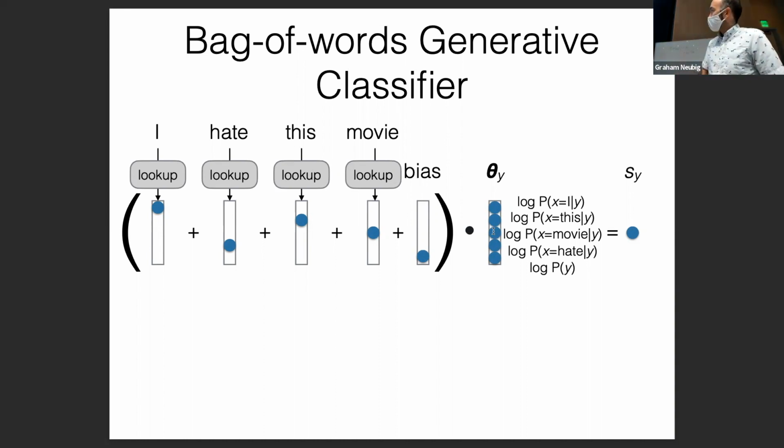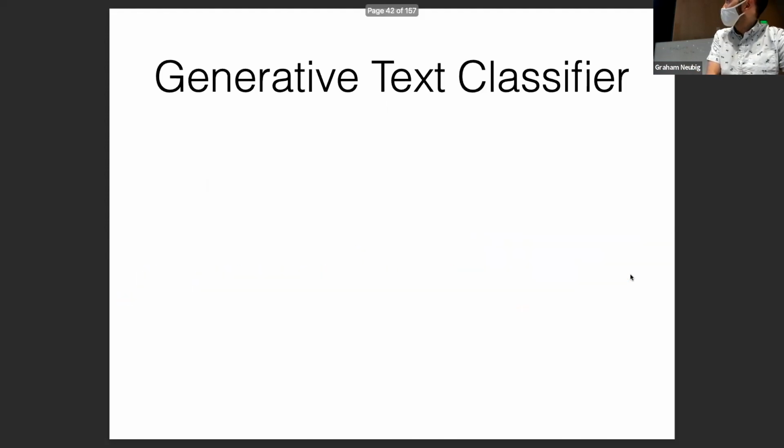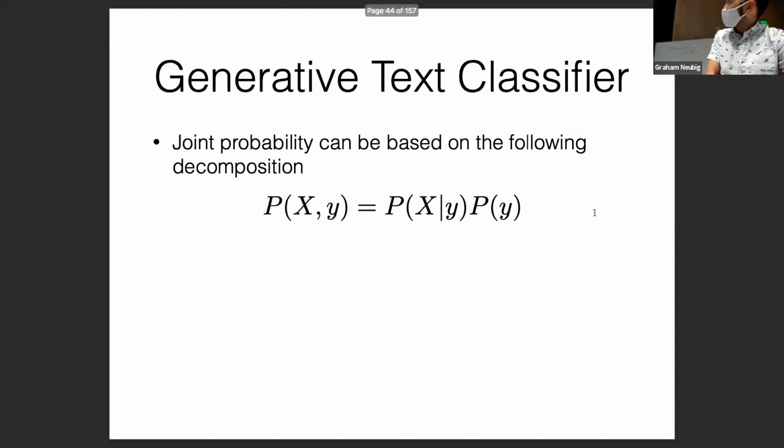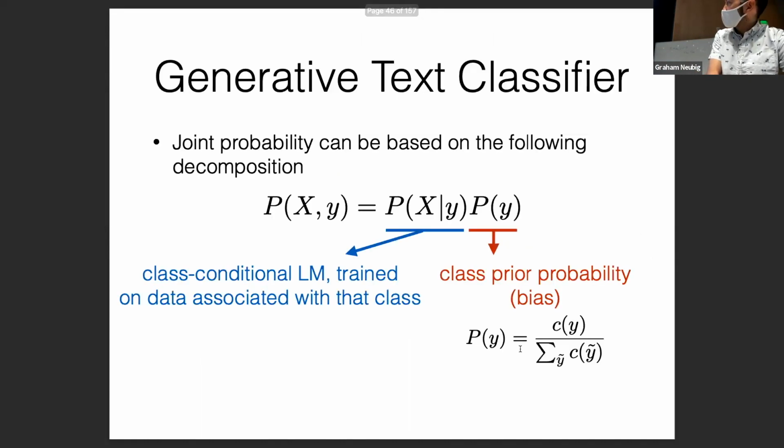So we want to calculate the log probability of a sentence, which is the sum of the log probabilities of each of the words in the sentence. And we want to add it together with the log of the class prior probability.